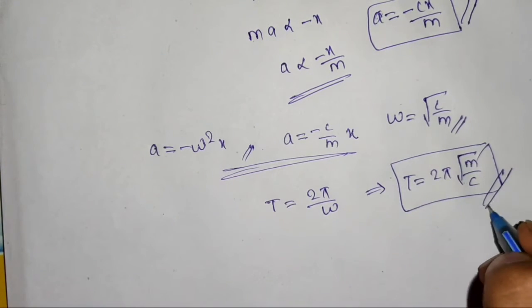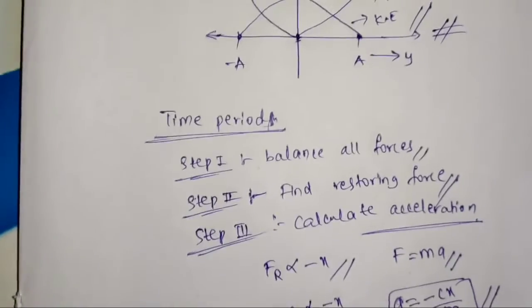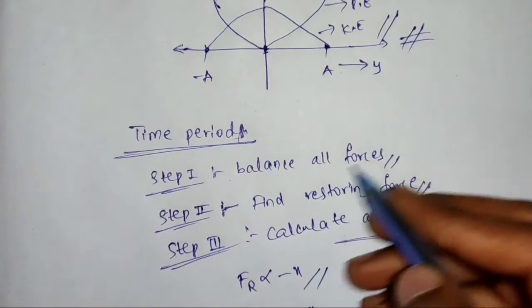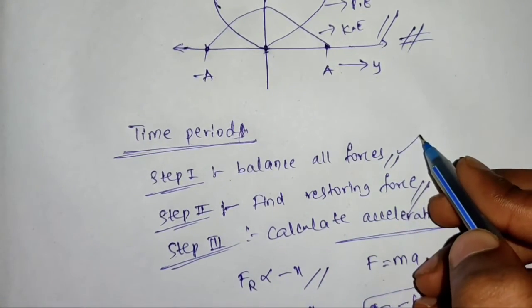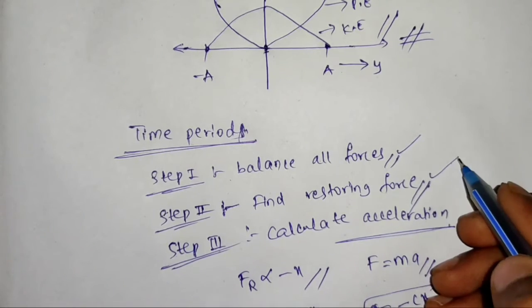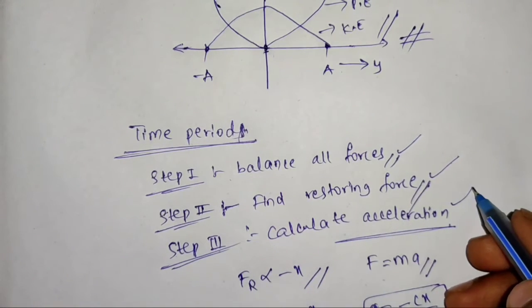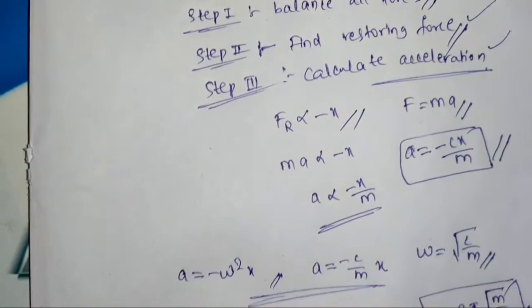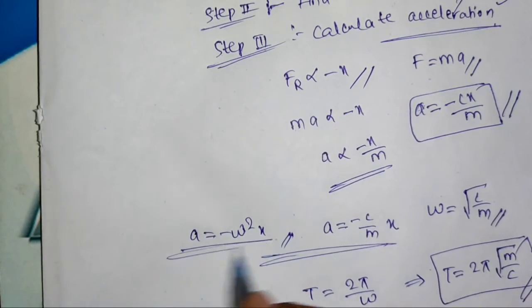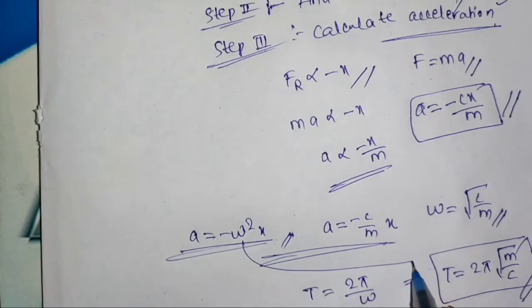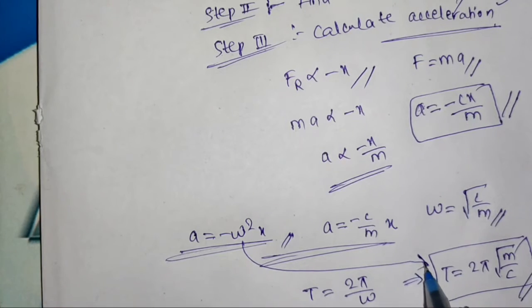Okay. By these 3 steps, first of all, balance all the forces and find the restoring force, then calculate acceleration. By comparing with the SHM equation, we get the time period of the SHM.